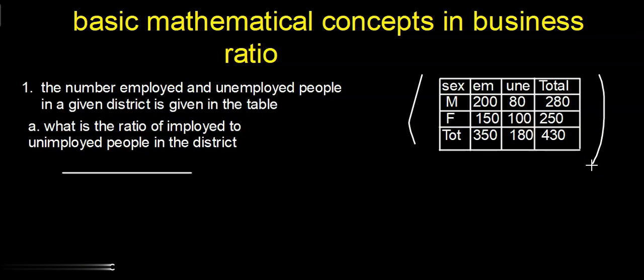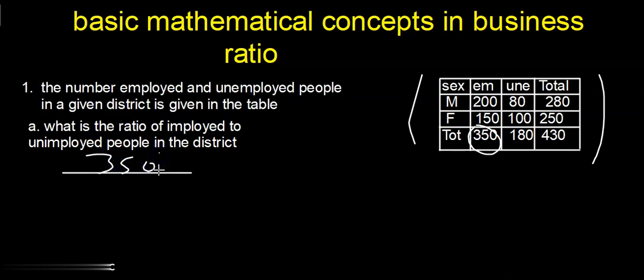So that's what we're going to do. As you can see, the question asks for the ratio of employed to unemployed people in the given district. There's no specification, no mention of male or female, so we're going to look at the total. The total employed is 350, so we say 350.